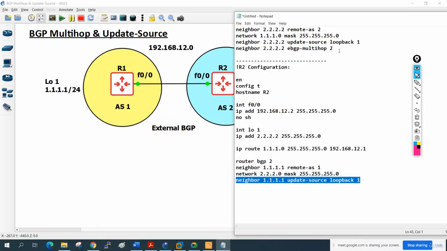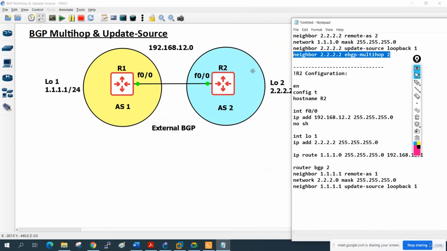So what we need to do, we need to put this one: neighbor 2.2.2, and increase the TTL value to 2. This same thing we need to do for this router also. So I will copy, paste, and change this one to 1.1.1.1.